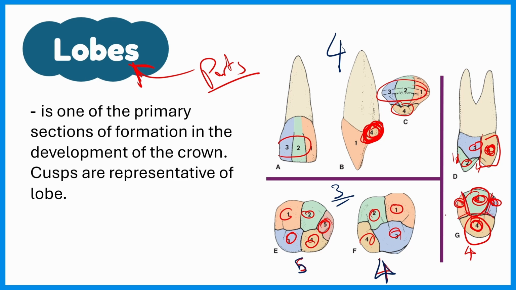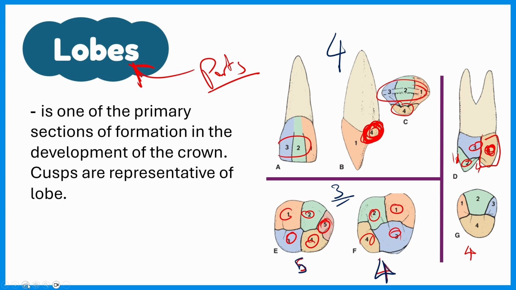Now, in a case where the mandibular second premolars have 3 cusps, they have 2 lingual cusps. They have a cusp here and a cusp here. Let me just delete this so it'll be more clear. In a case where a premolar has 2 cusps, a buccal cusp and a lingual cusp, it's just 4.